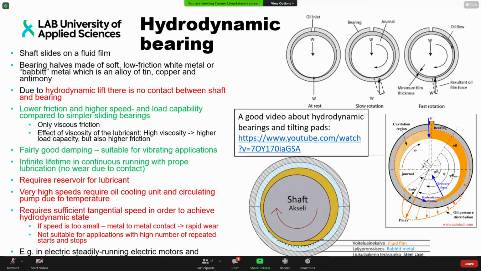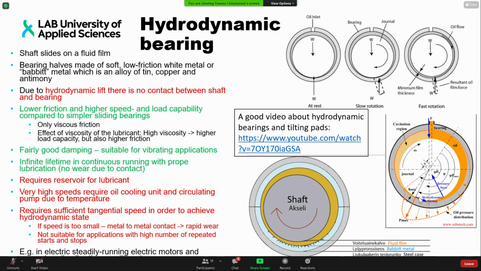First of all, the hydrodynamic bearing. The idea in the hydrodynamic bearing is that the shaft is sliding on a fluid film. When the shaft is sliding fast enough, like in this right-hand side picture, it will create a so-called hydrodynamic lift. As a result, the shaft is basically levitating from the static part of the bearing.